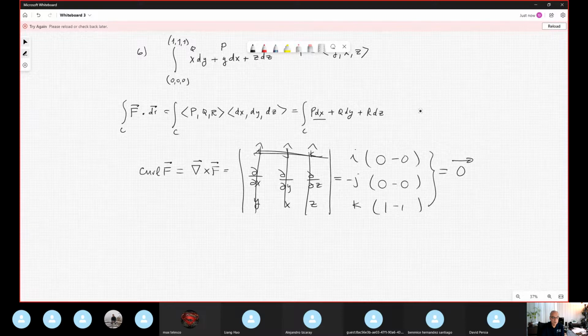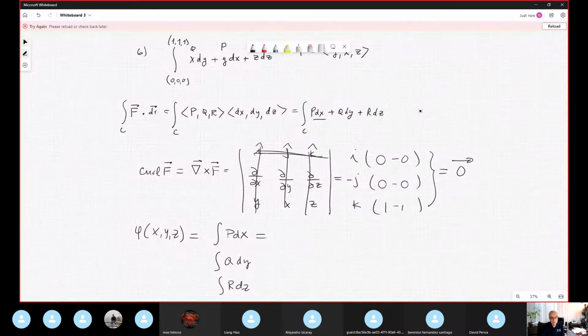The potential function in 3 variables, x, y, z, is the collection of the antiderivatives component by component, and these antiderivatives together give the anti-gradient. Okay, so now you integrate P dx, integrate Q dy, integrate R dz. Who is P? P is y, y dx. It's obvious that the answer is xy, because y is a constant, I put it outside, and the integral of dx is just x.